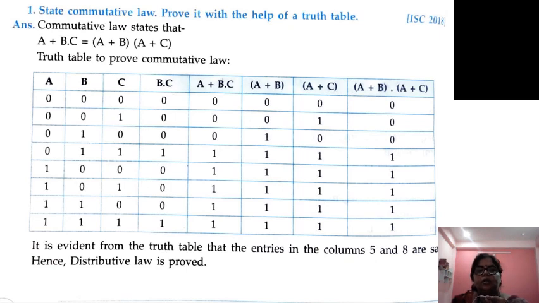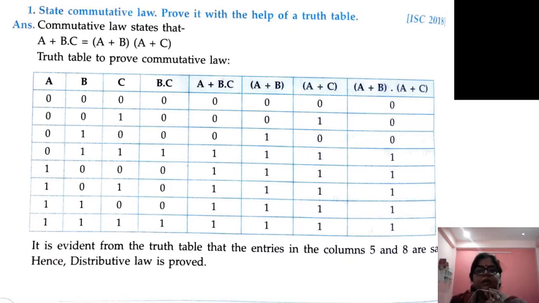Now we use the dot and compare a plus b with a plus c. 0 0 will be 0, 0 1 will be 0, because with dot both conditions should be true. 1 0 will also be 0, 1 1 will be 1, and all the ones will be 1.